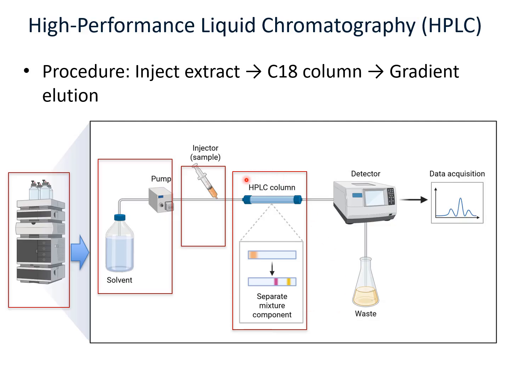So when they are passed to the HPLC column at high pressure, the separation takes place. As the samples enter the HPLC, they are being separated according to their polarity and sizes. And as they are separated, they will now be eluted out as separate components.